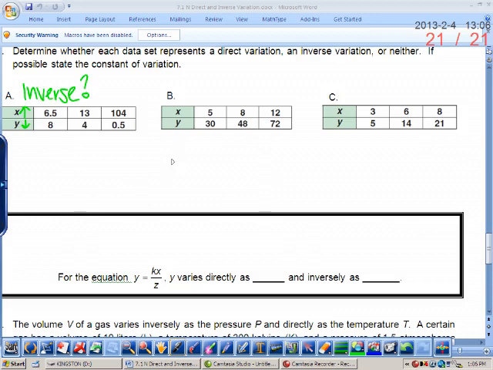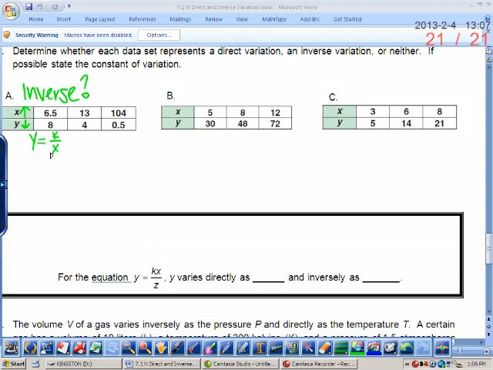Your equation. What's our inverse equation? Okay, and what are we looking for? Yeah, we're looking for our K. And for this to be an inverse variation, what would have to be true about K? It can't be 0, and it has to be the same for each set of points.